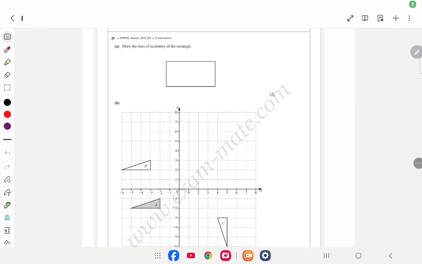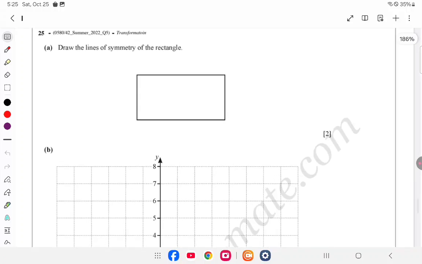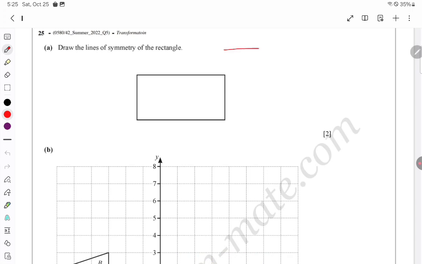Now in question 25, draw the line symmetry of the rectangle. So for the symmetry of a rectangle, there are two axes, this one horizontal and this one vertical. For the symmetry, we can draw a straight line here, and this is for the x-axis and for the y-axis.